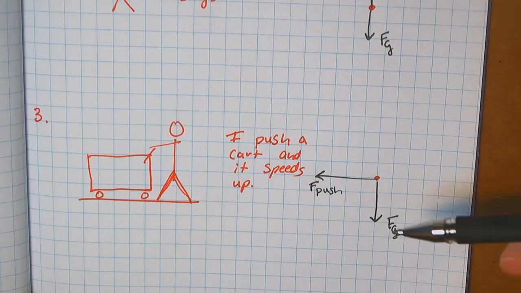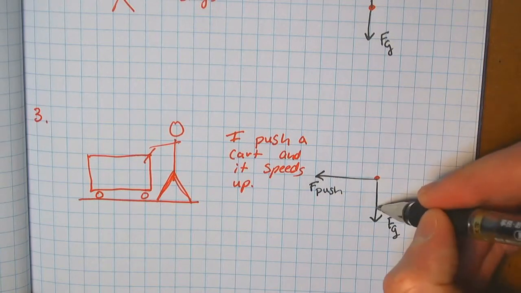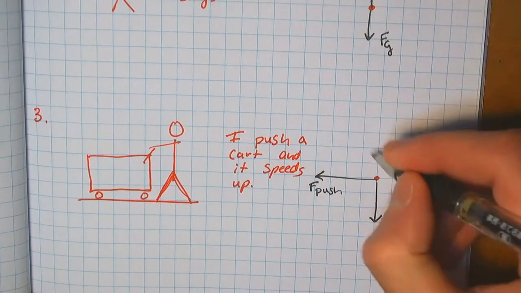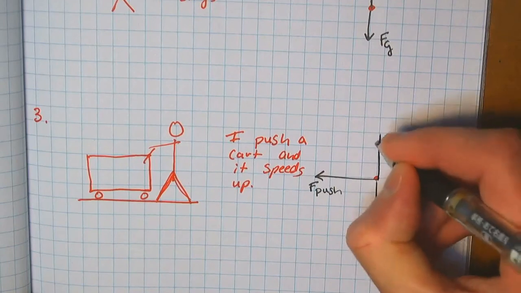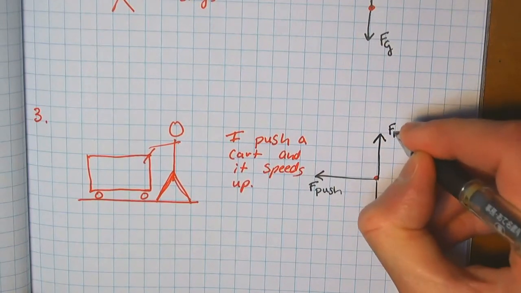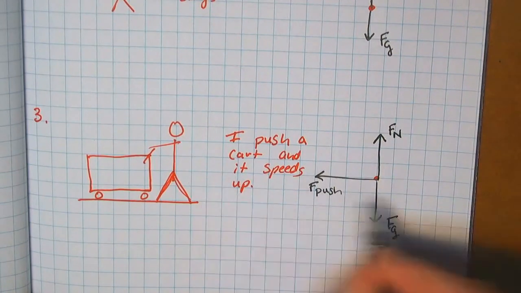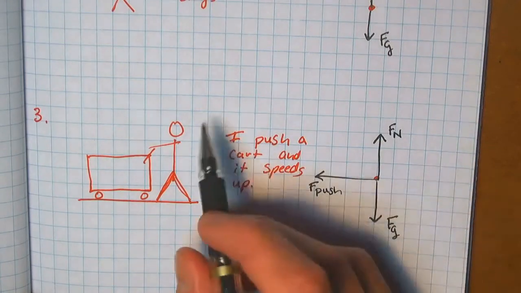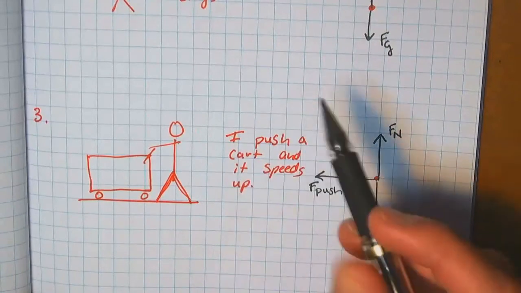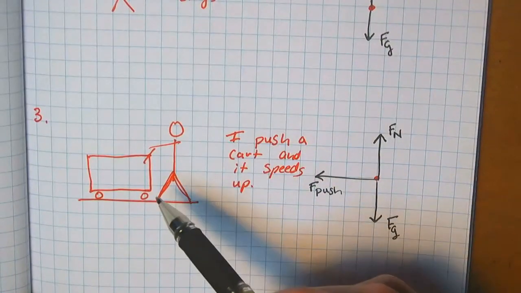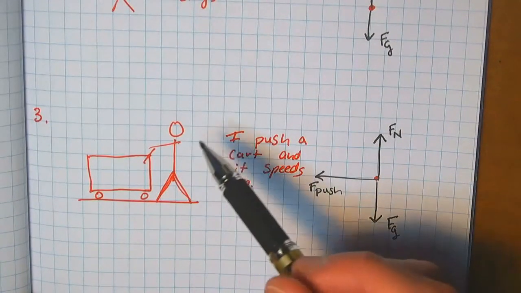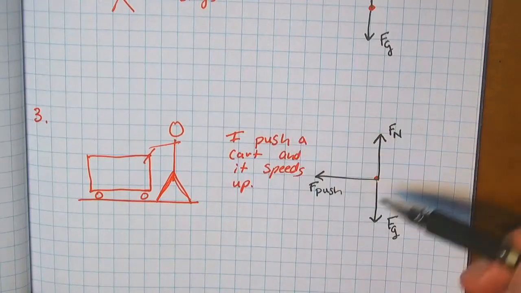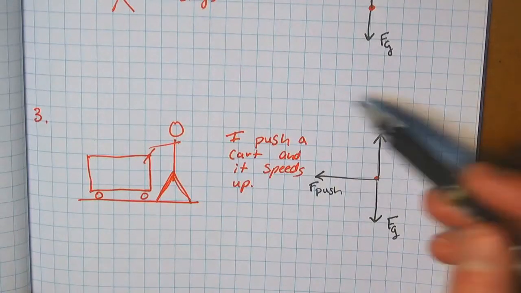So then the ground can apply a normal force, so that's going to be there to cancel out this force of gravity. And there's also going to be friction, right? It doesn't say anything about friction, so whether this cart is frictionless or not, we don't really know.